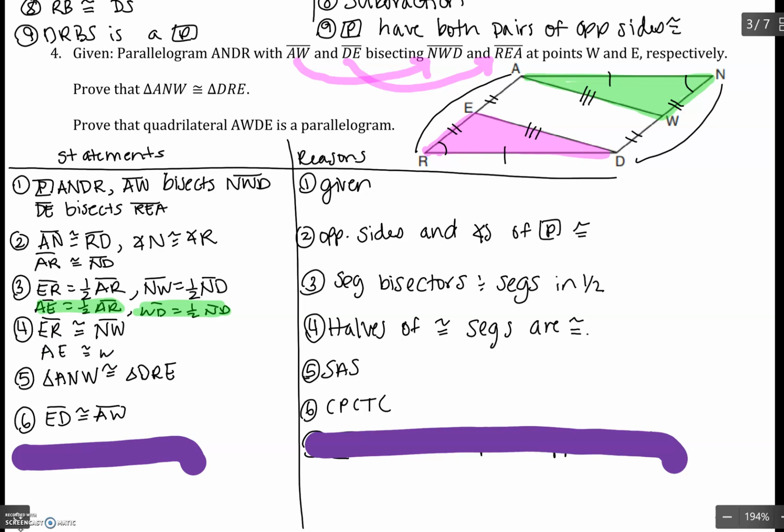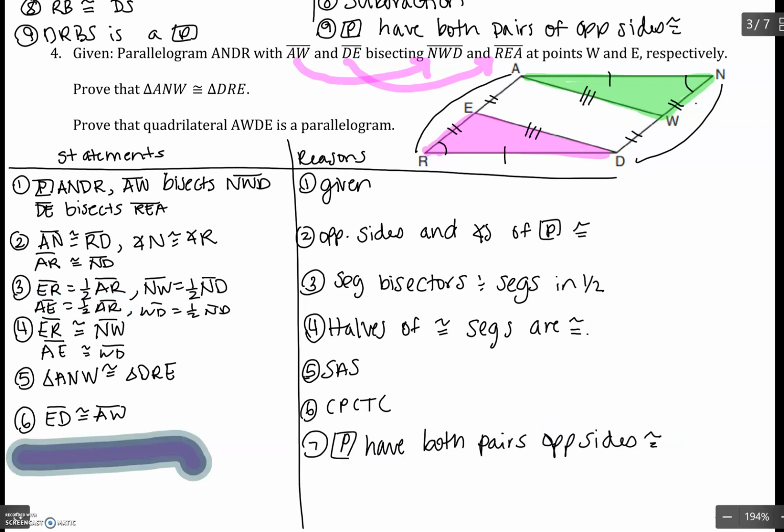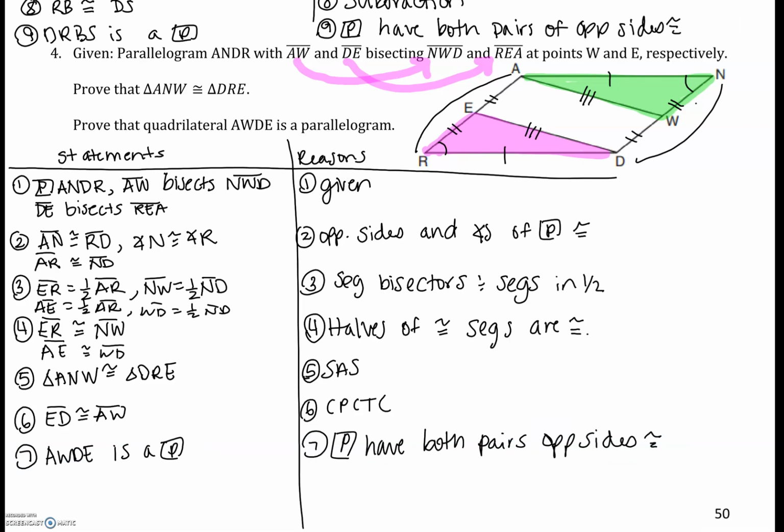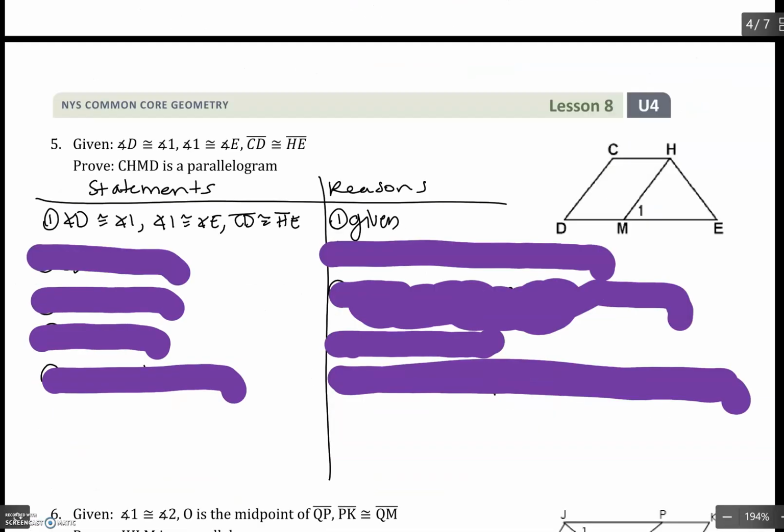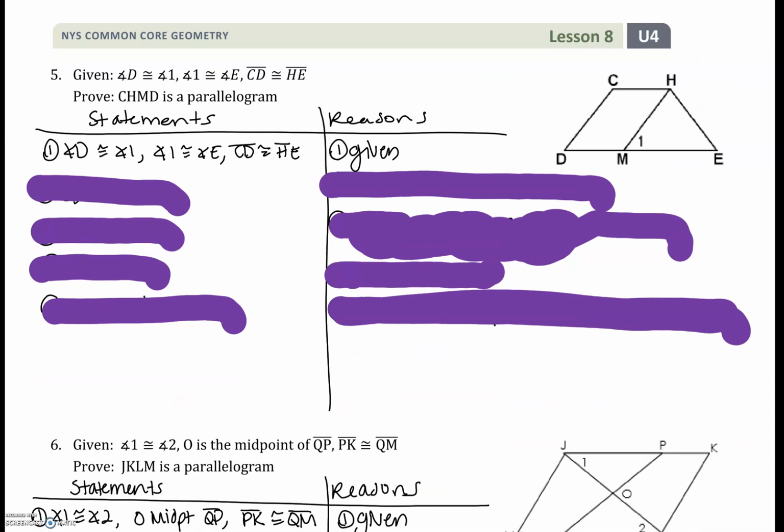AE would be congruent to WD. All right, for the same reasons that we were able to show ER and NW congruent. Now I have both pairs of opposite sides of the inner part congruent, and that makes AWDE, the inner part, a parallelogram.